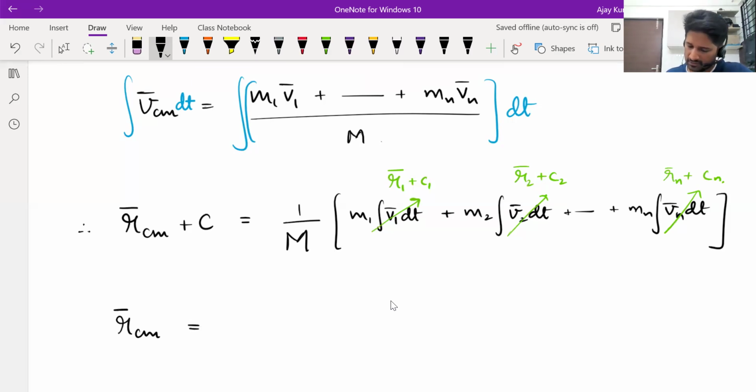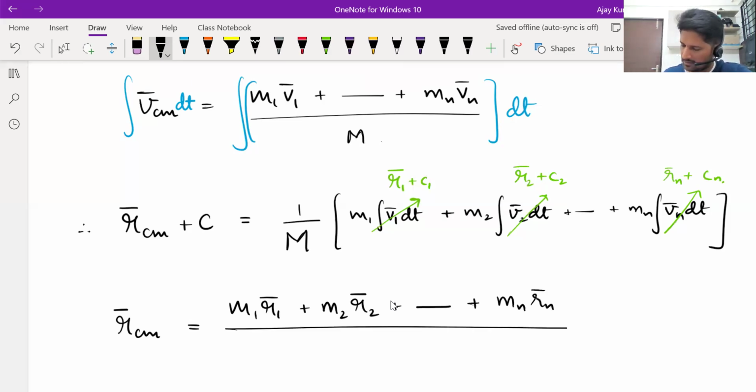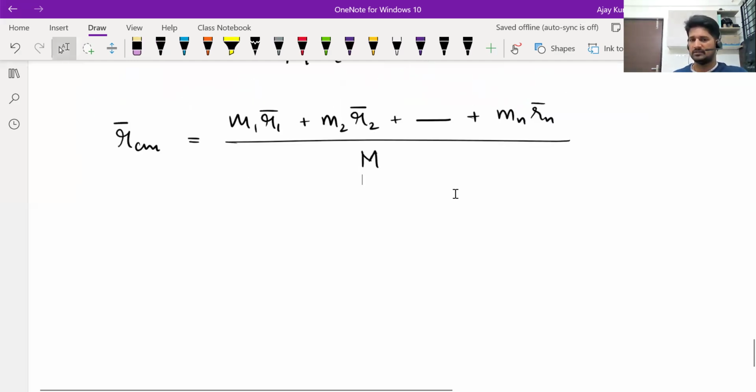So what will you be left with on the right hand side? m1 r1 vector plus m2 r2 vector, so on up to mn rn, divided by the total mass of the system. Here r1 is the position of the first particle, r2 is the position of the second particle, so on. This way you can identify where the center of mass is.